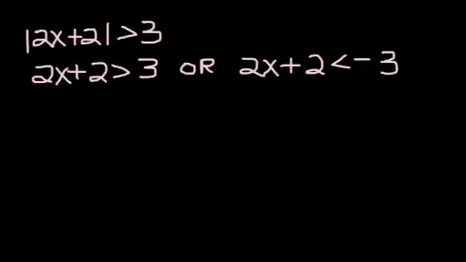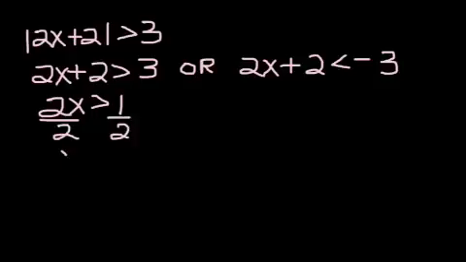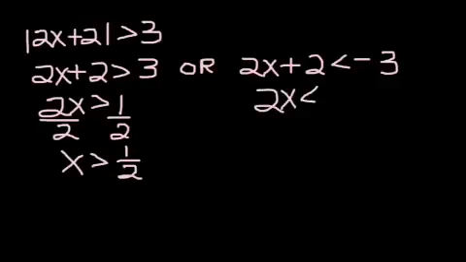So in this case, we go back over here, we would subtract 2 from both sides, so 3 minus 2 leaves 1, divide by 2. So the first part of our inequality is that x is a number greater than 1/2. Second part over here, we subtract 2 from both sides, so 2x is now less than -5.